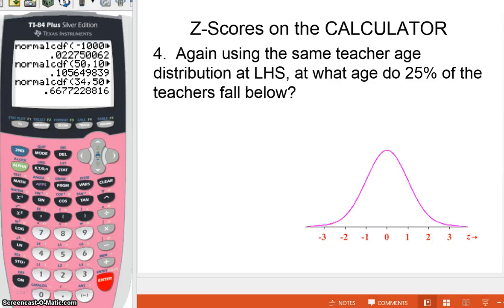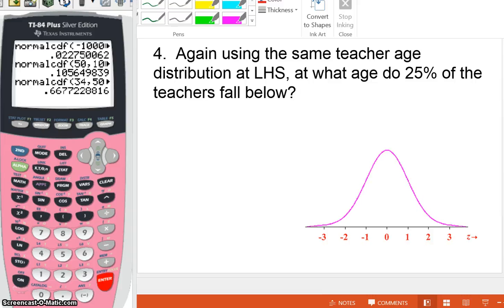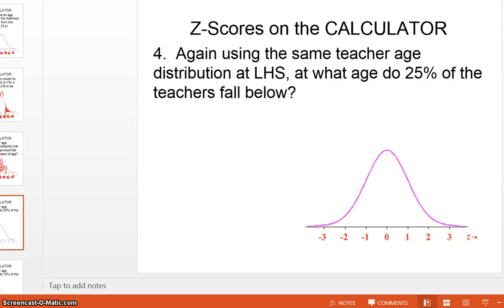Okay, number 4, using the same teacher age distribution, at what age do 25% of the teachers fall below? So 25% of the teachers fall below. Okay, so we are looking for the lower 25%. If we're looking for the lower 25%, we need to think about where our tails are in order to draw this correctly.